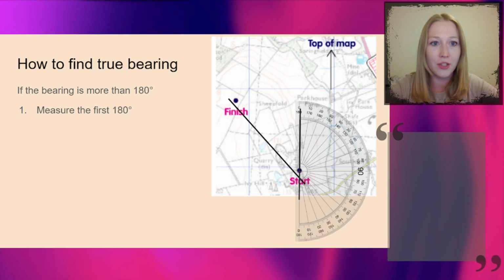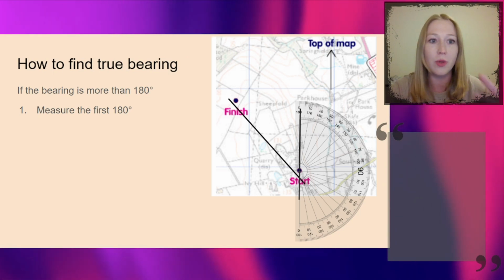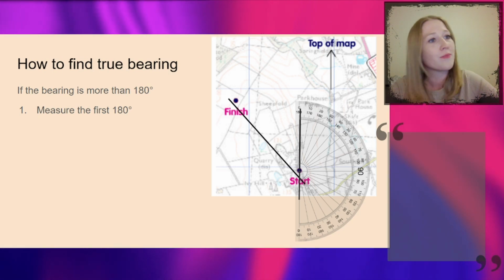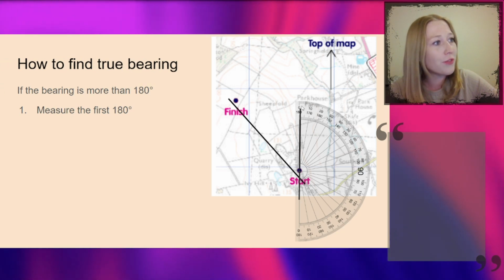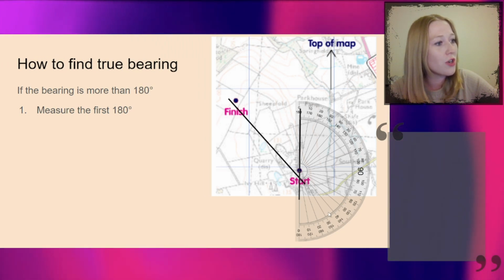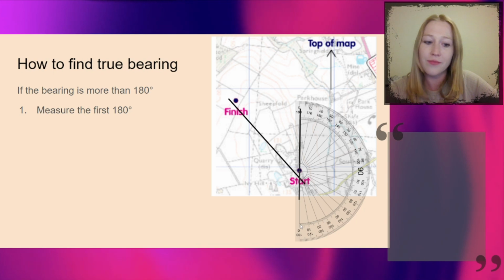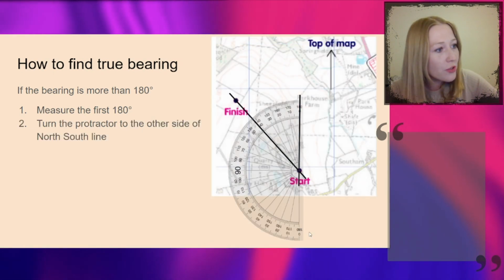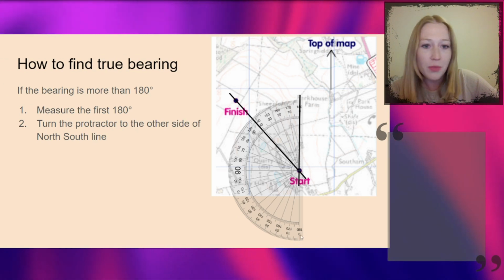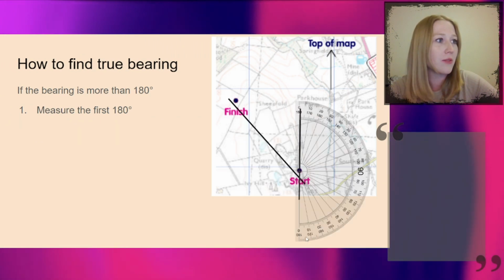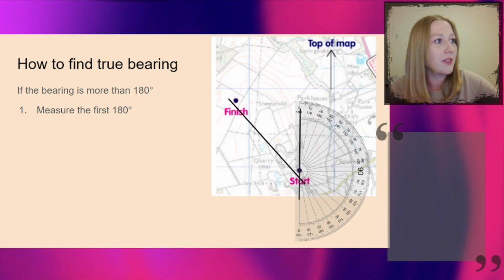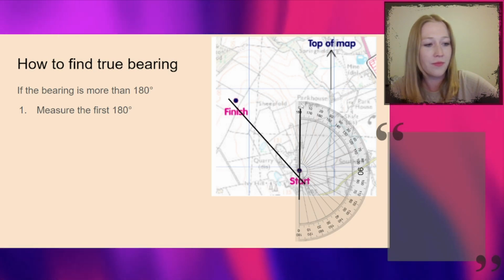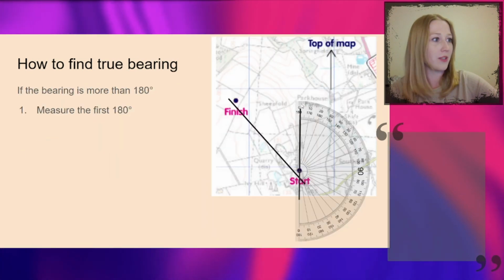Now let's say that you only have one of the 180 protractors. What you do is you first measure your starting 180 and then you turn it around. Now notice where the 0 is. You see I've put the 0 at the bottom. Let me go back. You see there the 0 was at the top. Oopsie, I went too far back.